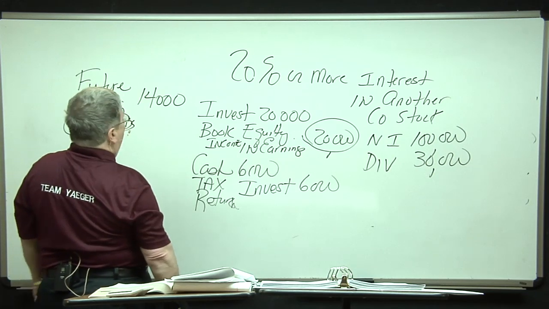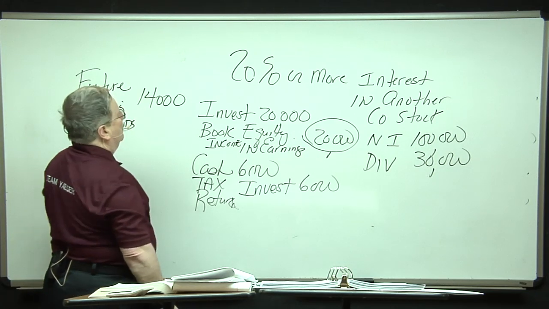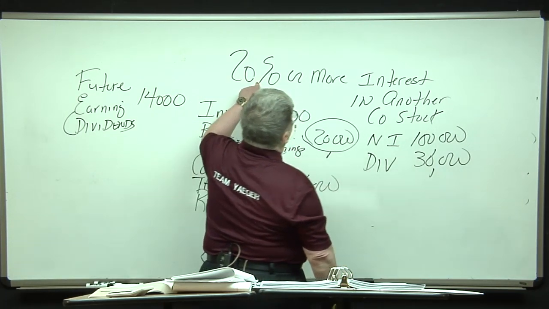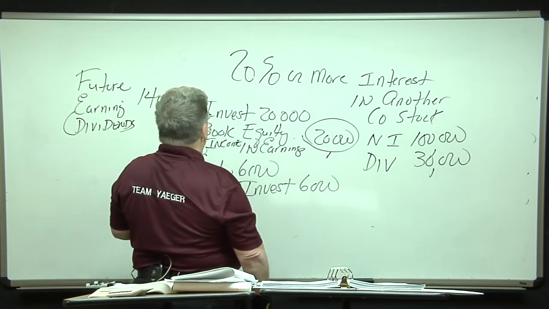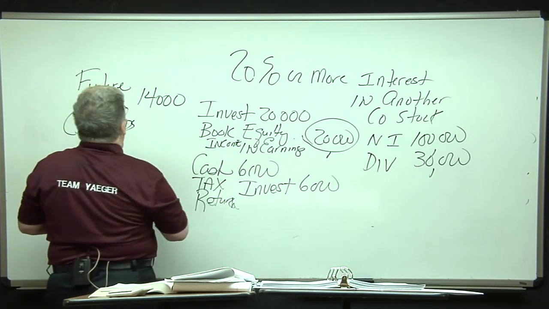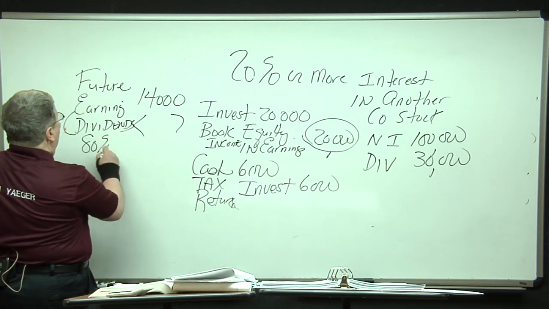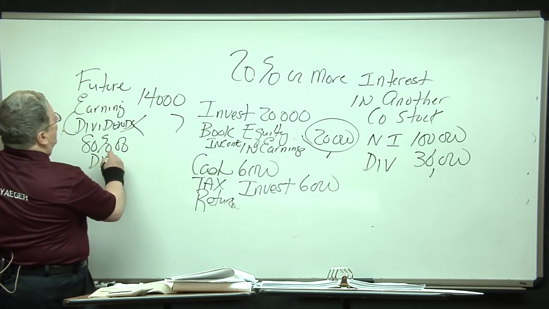And dividends get a dividend received deduction. So the rule is, if I own 20%, the dividend received deduction is 80% of the dividends. So I can exclude 80% of the dividends. They'll tell you in the question.